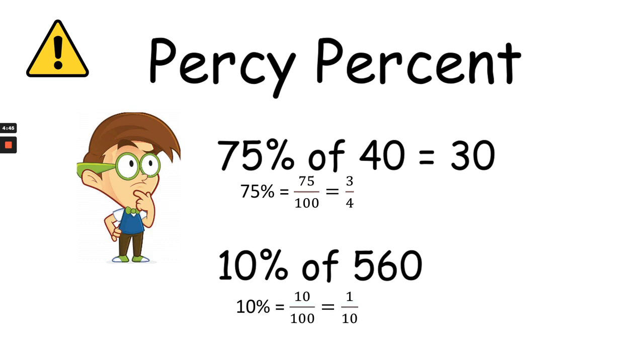Percy knows that 10% is equal to 10 out of 100, but simplified to 1/10. Oh, 10% is exactly the same as finding 1/10. 1/10 of 560, well, I'll just divide it by 10. 56. Great job if you used your related facts to solve these.